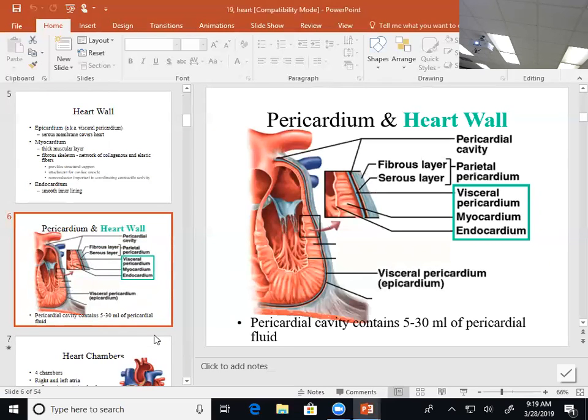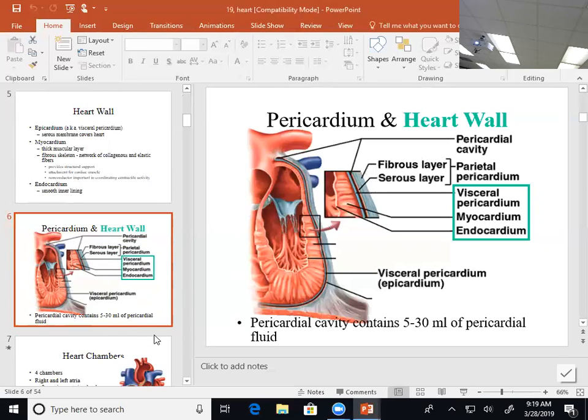That tough sac that y'all are going to see in the lab today from one of the hearts is still in its pericardial sac. It's a really tough, fibrous sac that is isolating and compartmentalizing the heart in this structure.